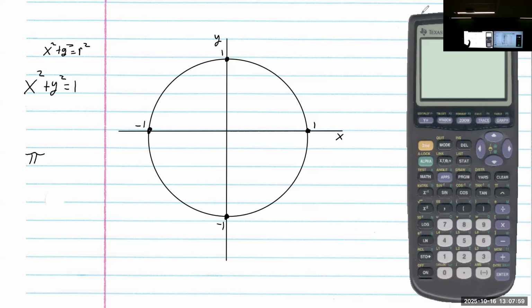It has something to do with the circumference, something to do with diameter. Do you guys remember what pi was? Is it circumference by diameter or diameter by circumference? Anybody remember what pi is?